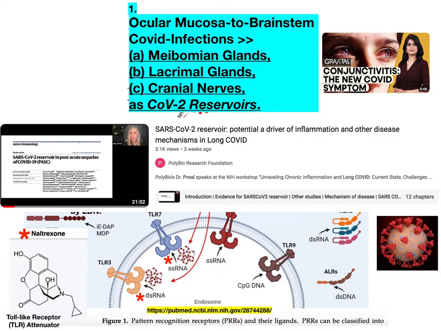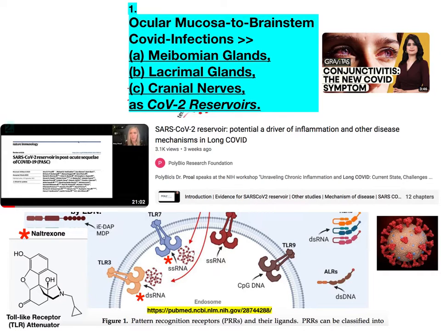In this process, several glands and tissues can become infected. These include the meibomian glands, the oil-secreting glands of the eyelid, the tear glands, known as the lacrimal glands, as well as cranial nerves. So all of these organs and tissues serve as at least temporary SARS-CoV-2 reservoirs.